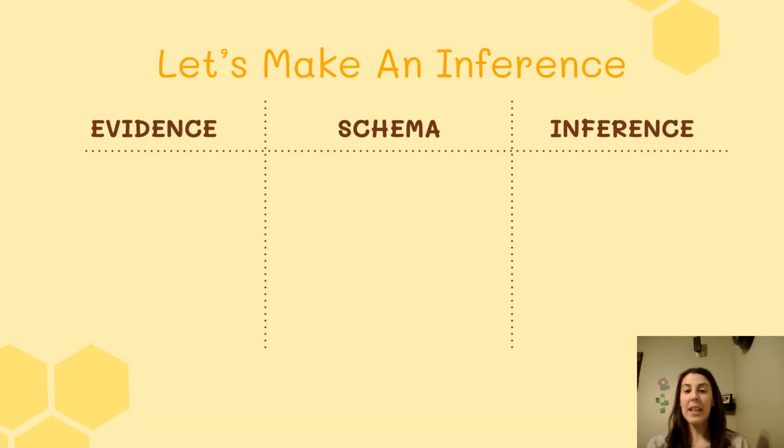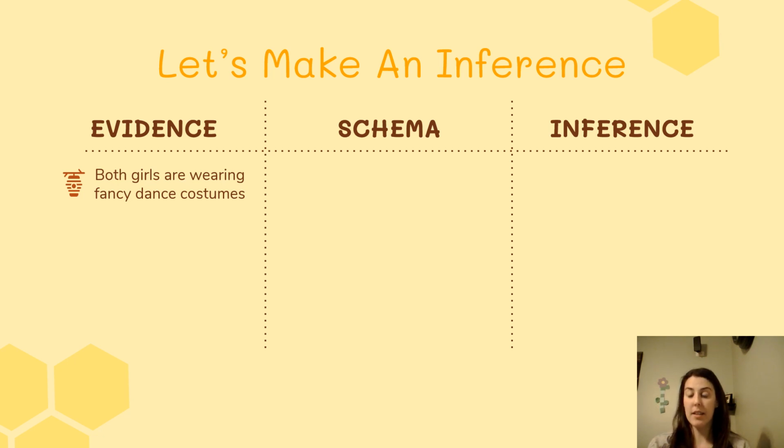So now that we gathered some evidence from our photograph, let's see if we can add our evidence and our schema to make an inference. So one thing that we noticed was that both girls were wearing these fancy dance costumes, right?